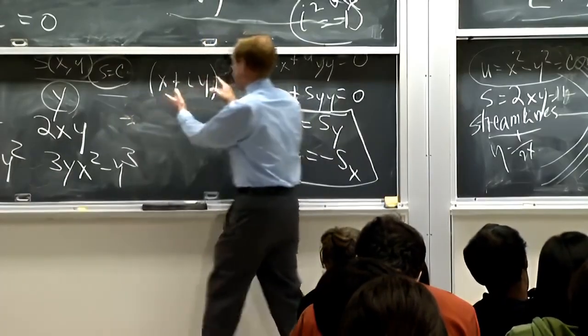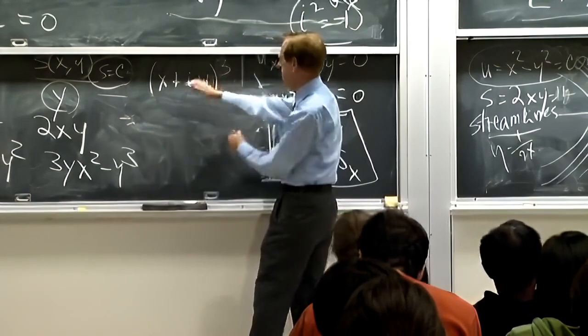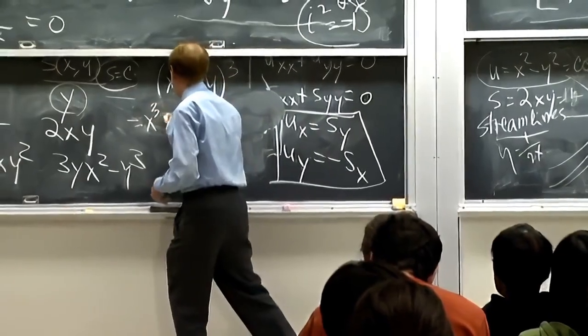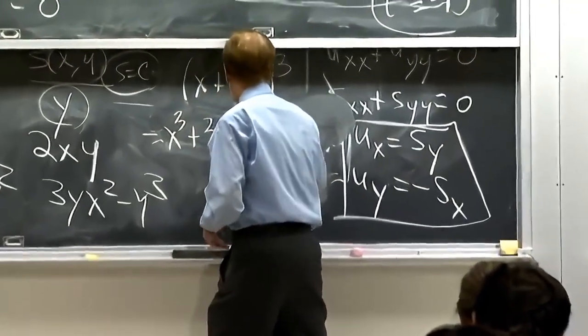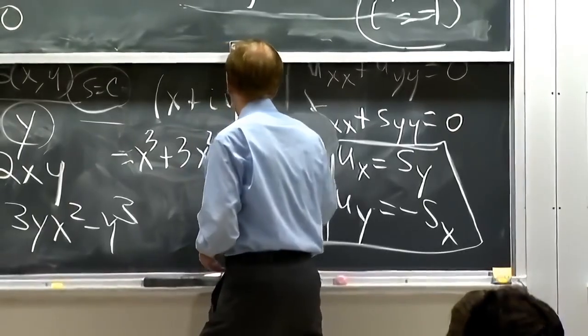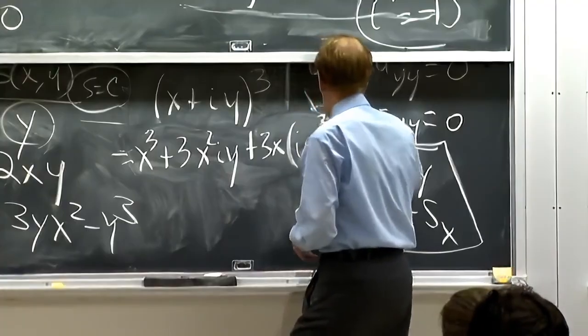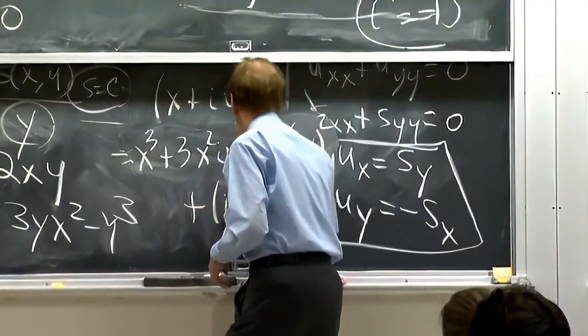You remember when you cube something, you're going to see 1, 3, 3, 1. You'll have an x cubed and a 3 x squared iy, and a 3x iy twice, and a 1 of the iy cubed.